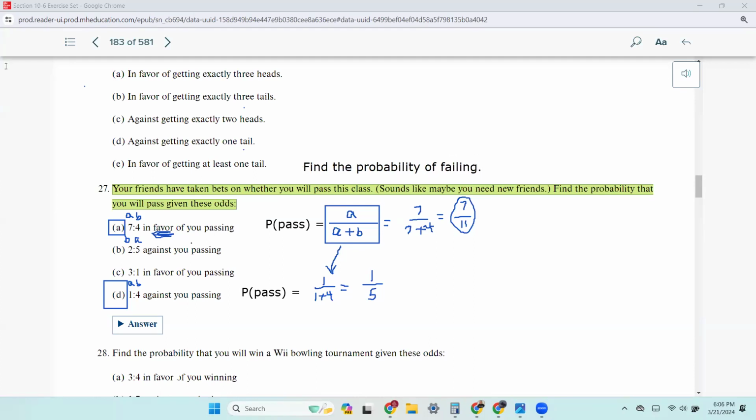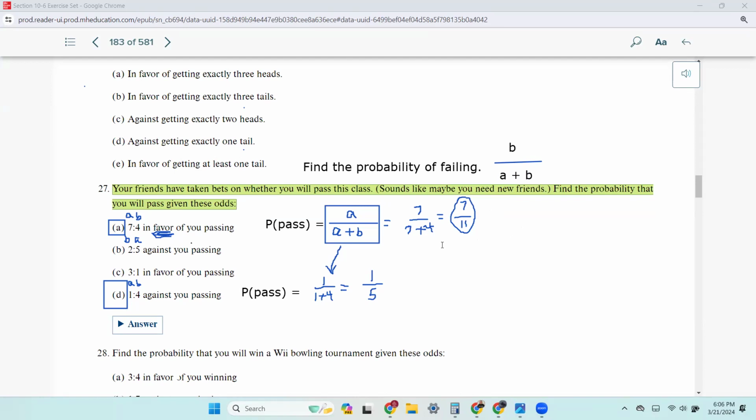It's not much different. But now the probability of failing is slightly different. It's still down here, A plus B, but up here, there's a B. So the B was 4.